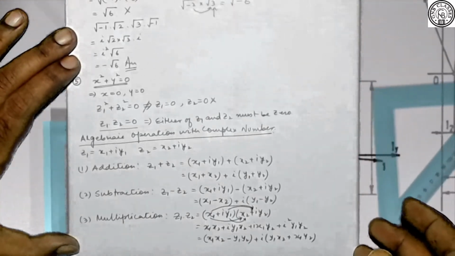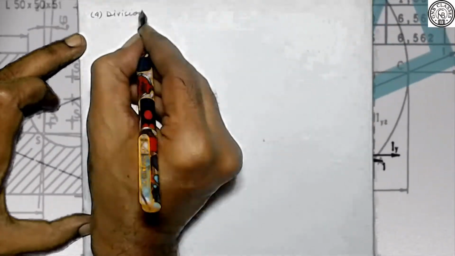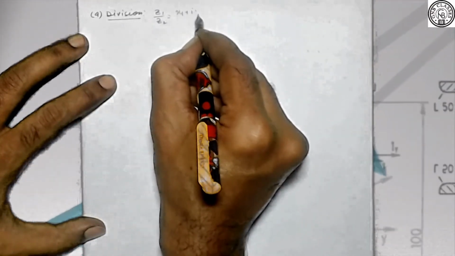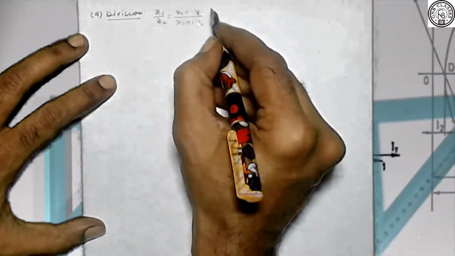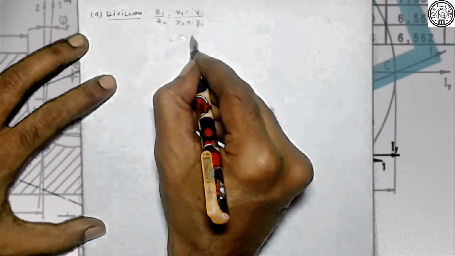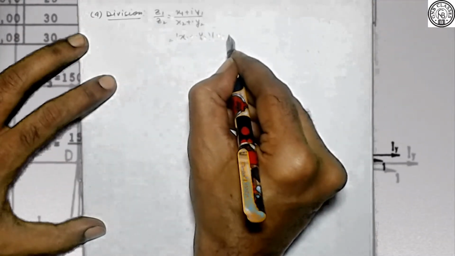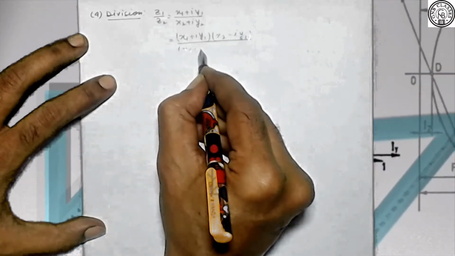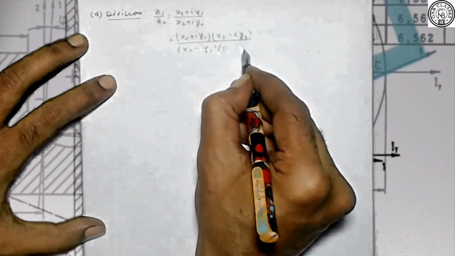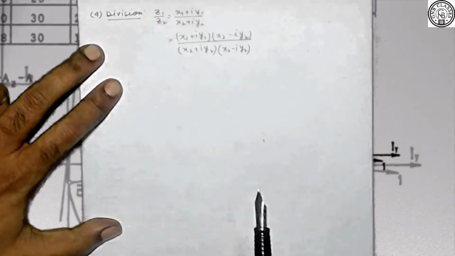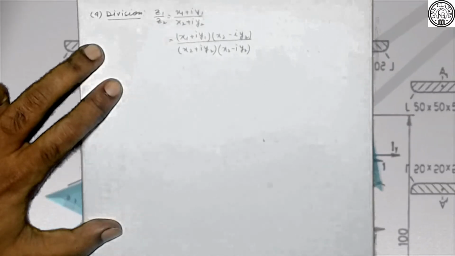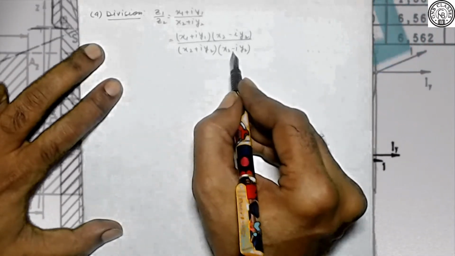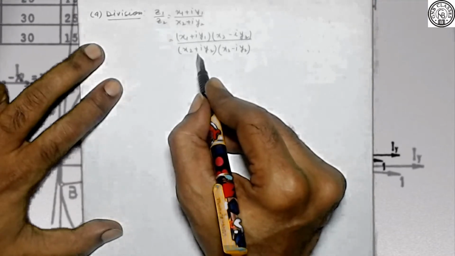Let us now move to division. How do we divide two complex numbers? So now what I'm doing is multiplying numerator and denominator with x2 minus iota y2. It is the same as we have done in rationalization of irrational numbers. It is the same here. We will not keep iota in the denominator. For that reason I have multiplied with the opposite sign of iota, whatever it is given here.